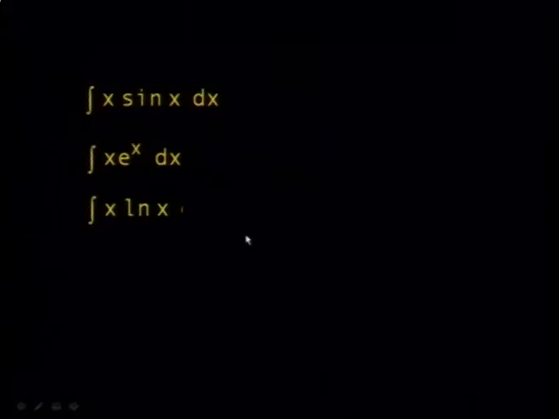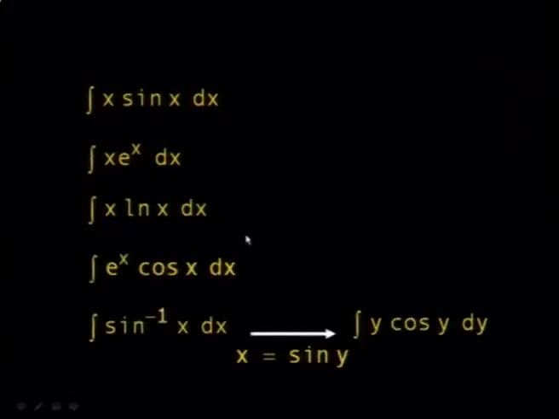Now, for this method, integration by parts, when is it to be used? And how do you know that it's the suitable way for a particular function that you have? Usually, you can directly conclude that integration by parts is the suitable method when you encounter integrals of this form.